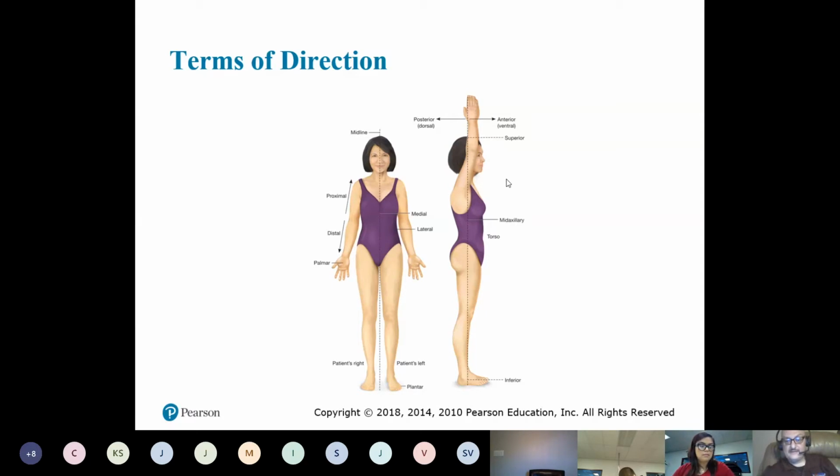We talked about that. So the last one, or kind of the last one, is medial, lateral. All right. So medial means towards the middle. And in this case, it's towards the midline because that's the middle of the body. So medial, towards the middle.